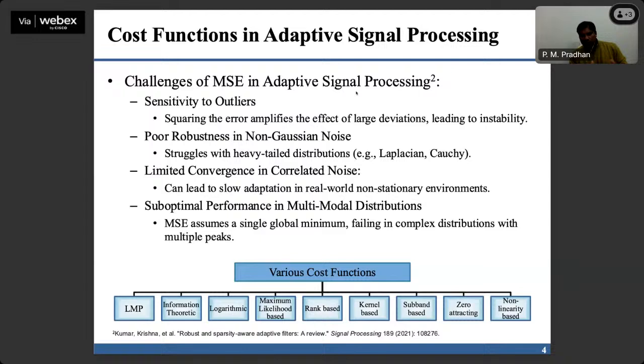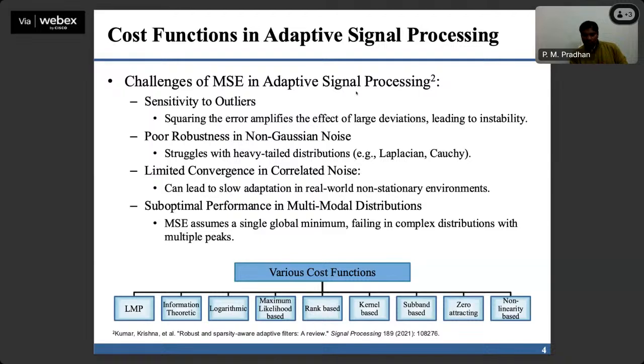So these are the four challenges that we normally face when we design any algorithm based on the mean square error as the criterion. To tackle all these four challenges, there has been a lot of research on robust cost functions that could be used instead of error square.